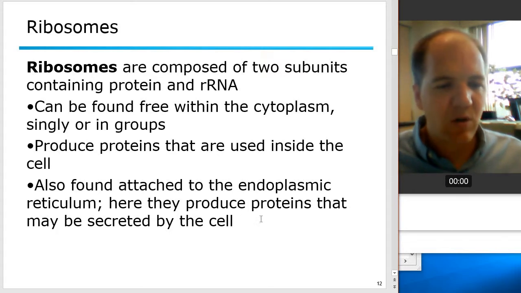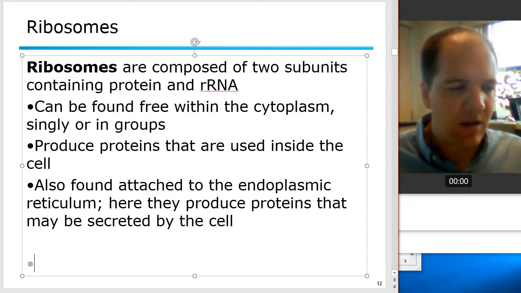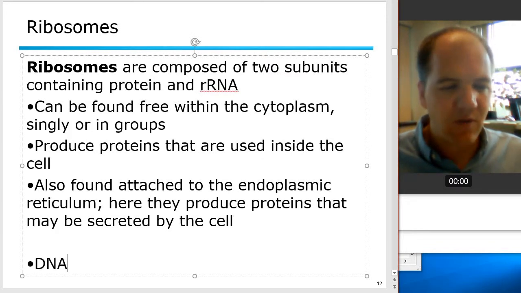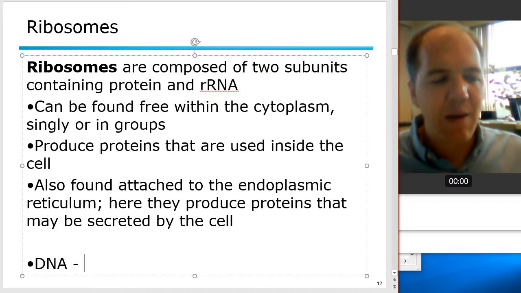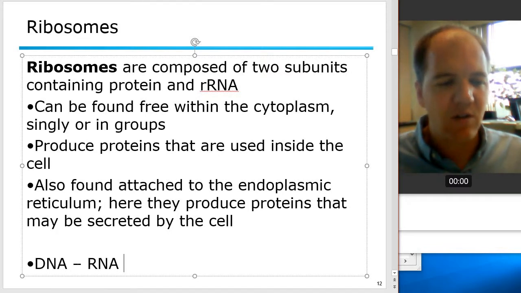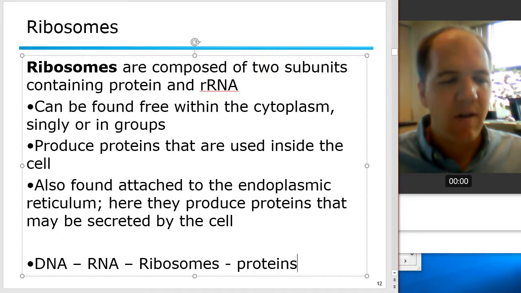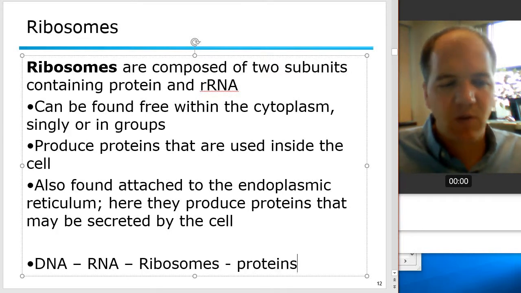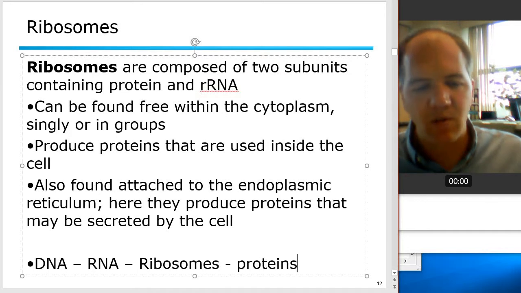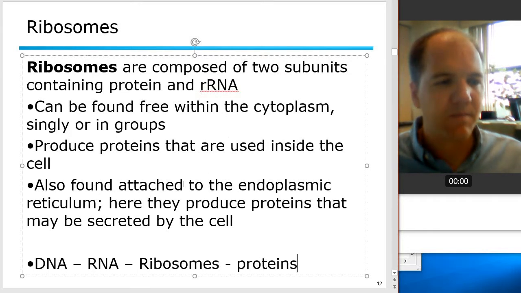So DNA holds the information to make proteins, and the way this happens is DNA is used to create RNA. The RNA is a copy of the DNA. The RNA then visits the ribosomes, where the proteins are produced. So the information in the DNA goes through the RNA to the ribosomes, and then the ribosomes produce these proteins.